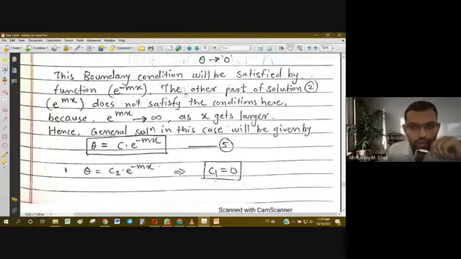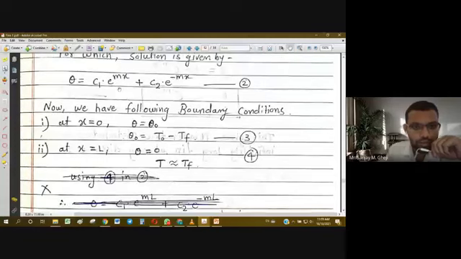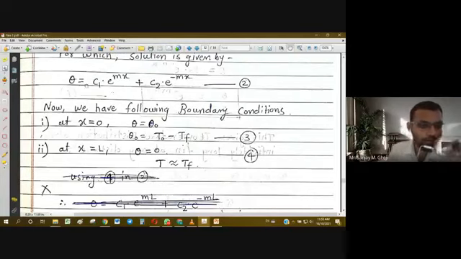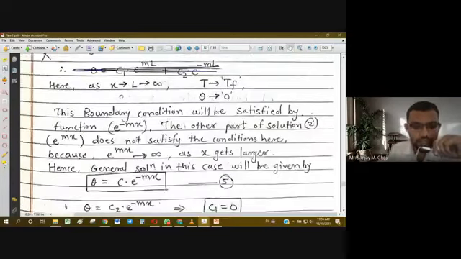The other part of the solution is e raised to plus mx. If we put x equal to infinity, this term will get very large, and it will not fulfill the necessary condition in this case.